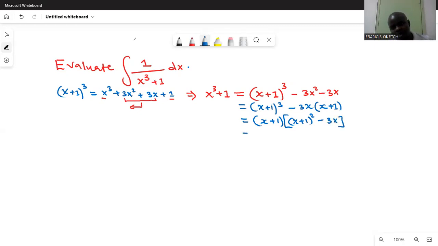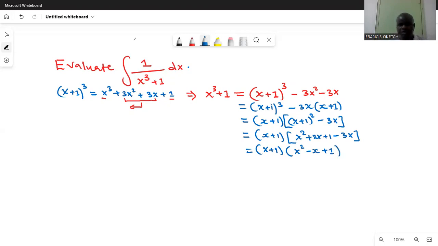So when I square x plus 1, inside the other bracket, we'll have x squared plus 2x plus 1, then minus 3x. And you simplify this further to get x plus 1 times x squared minus x plus 1.